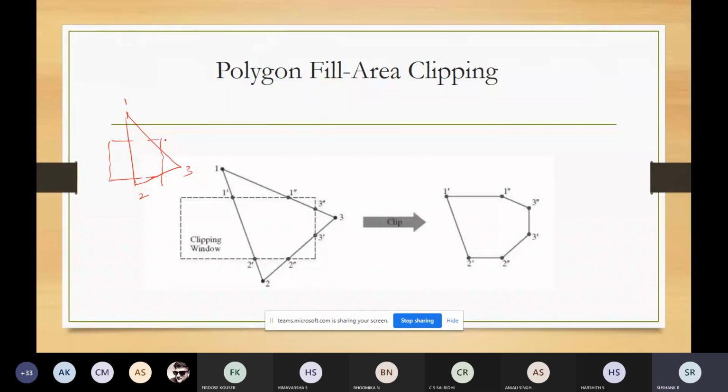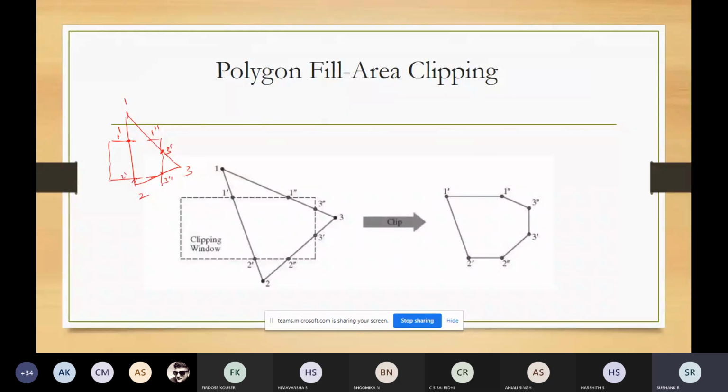Now some part of this is within the clipping boundary and some part is outside. So what they are doing here is creating one more vertex. We'll call it 1 dash and 1 double dash. For 3 also it is creating the vertices with the boundary, 3 dash and 3 double dash.